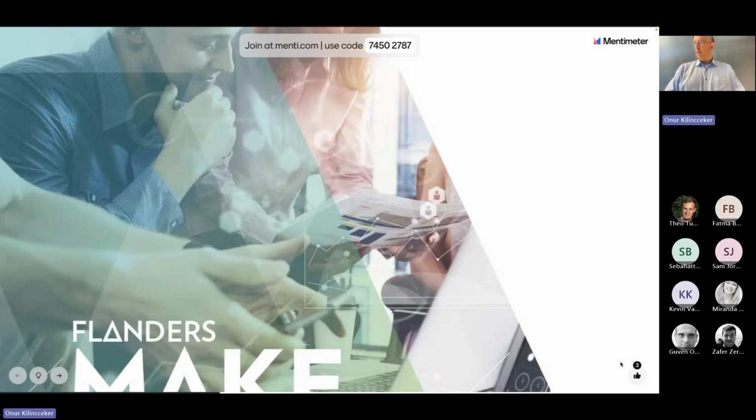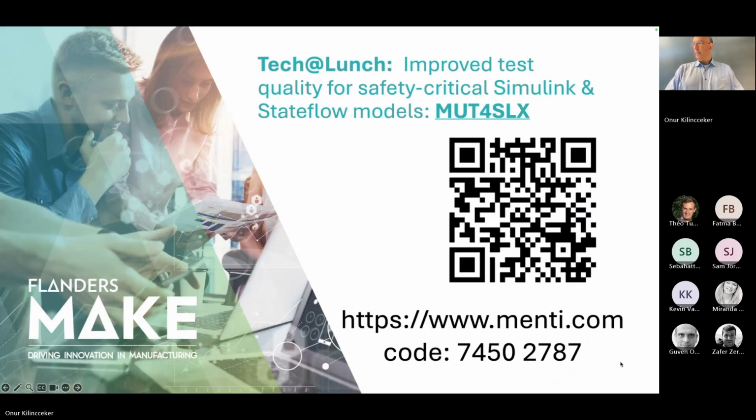If you press it, we can see how many people are in the room. So that's good. So here's the QR code again. Right, and so this is time to start.